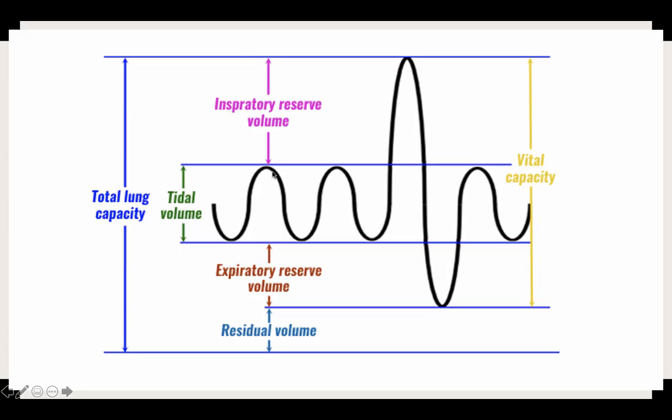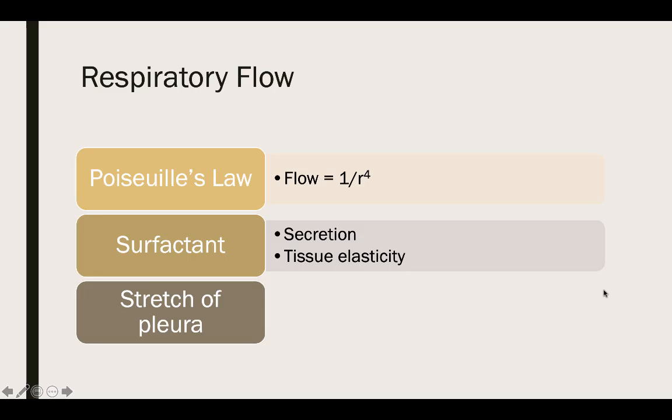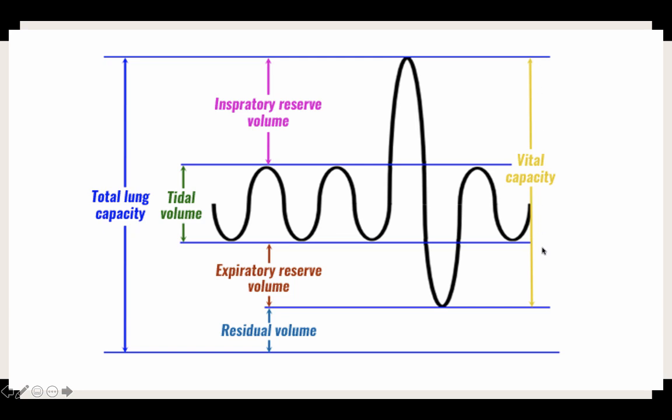And on the way down, I can forcibly exhale and get myself down to here, this volume inside my lungs. And then right here, here's my vital capacity. So I've added this inspiratory reserve volume, added this expiratory reserve volume on top of my tidal volume. So this top line down to right about here is my vital capacity.